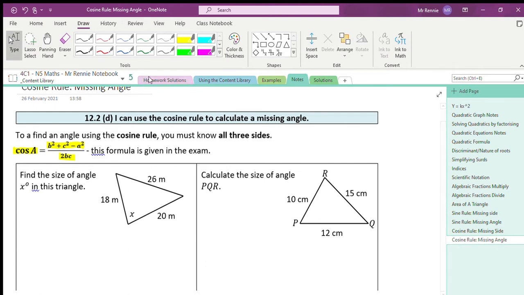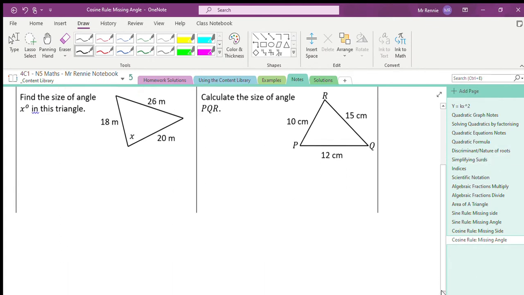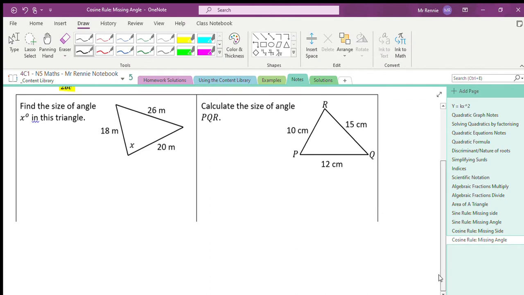Starting off with the first example, we're going to find the size of angle x in this triangle. The first step, as I always show you, is to label your triangle. Here I don't have any letters labelled, so I can create my own. I'm going to call the angle down at the bottom A, then I'm going to have B at the top left and C at the top right.